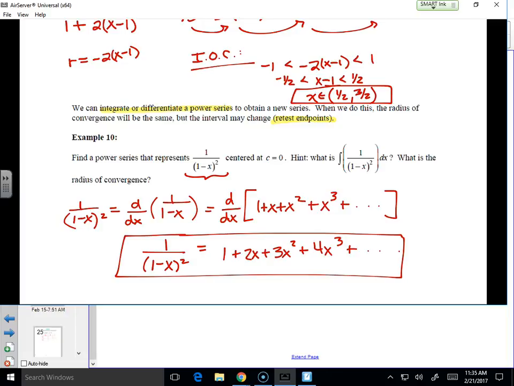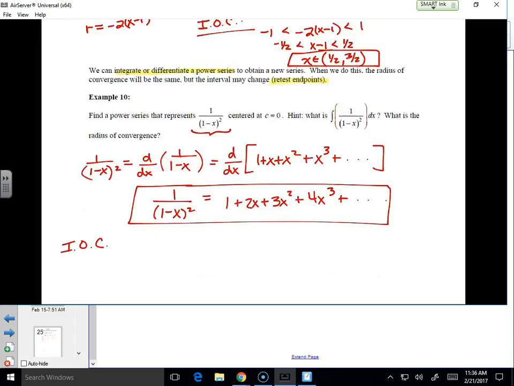What does that mean? What was the original interval of convergence? For 1 over 1 minus x, we had that x is between -1 and 1, right?